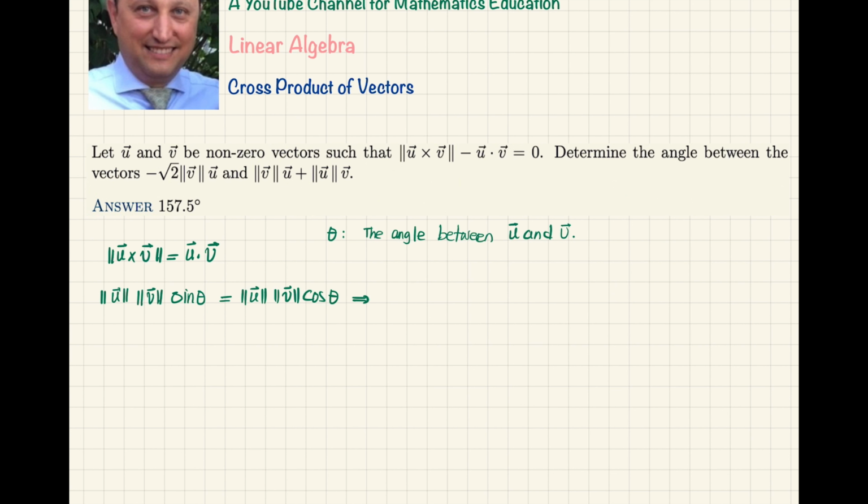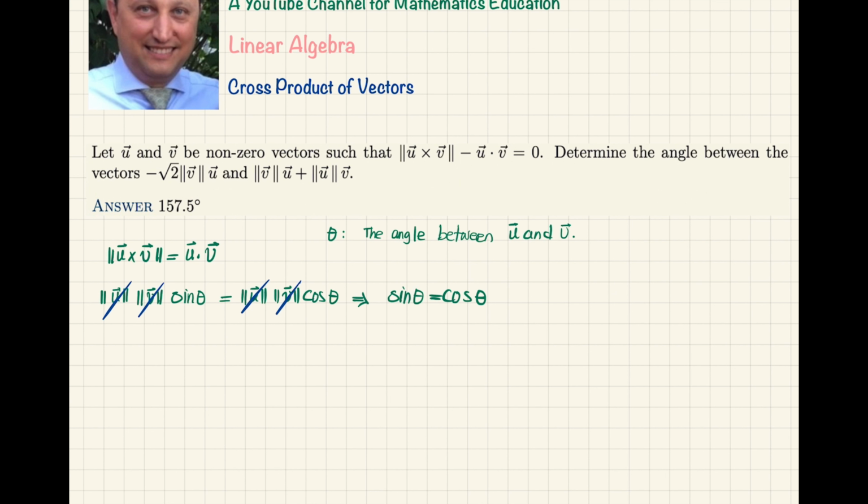It is mentioned in the problem that these vectors are non-zero vectors, so these are non-zero numbers, so I can safely divide both sides by this non-zero number, and what I get is sine theta is equal to cosine theta.